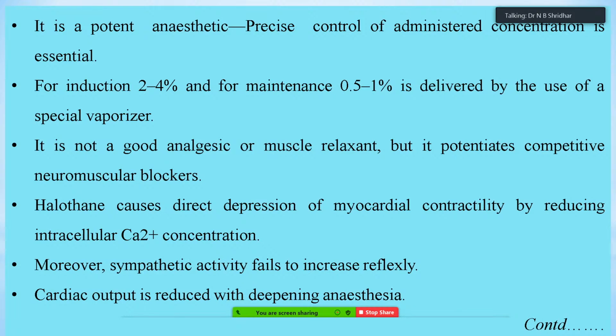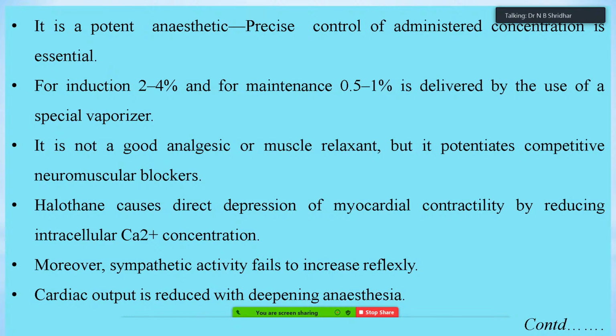So muscle relaxants like the competitive neuromuscular blockers should always be administered. Halothane causes direct depression of myocardial contractility by reducing intracellular calcium concentration. Moreover, sympathetic activity fails to increase reflexly.